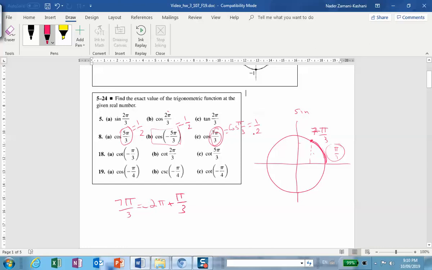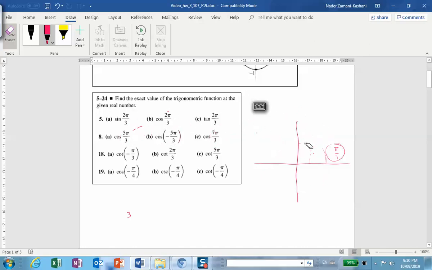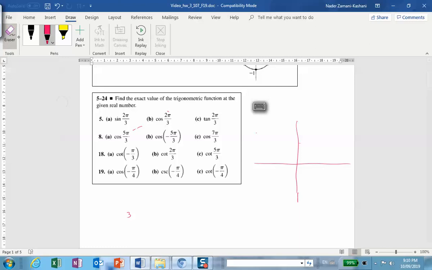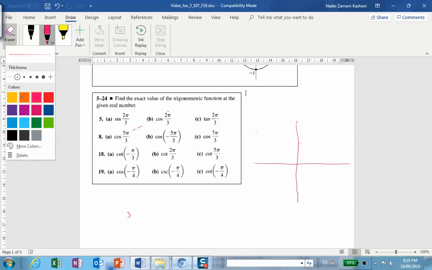Okay? All right, let's go to this other one, cotangent, in the next row. So let's erase all of these. Okay. So let me draw the unit circle for you, right there.